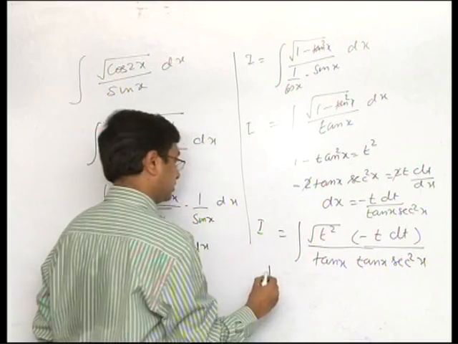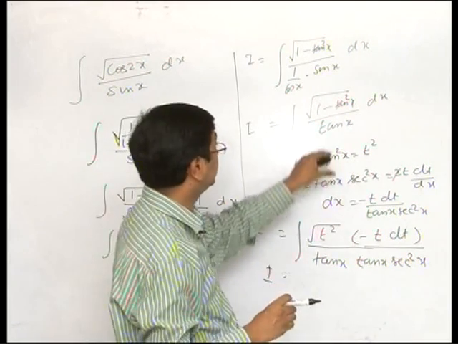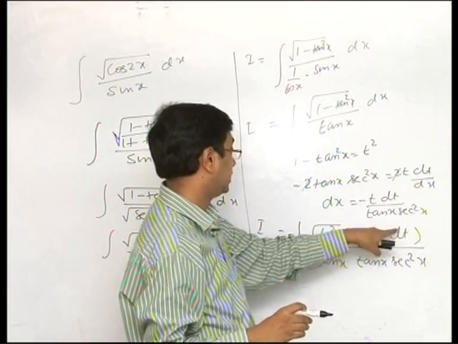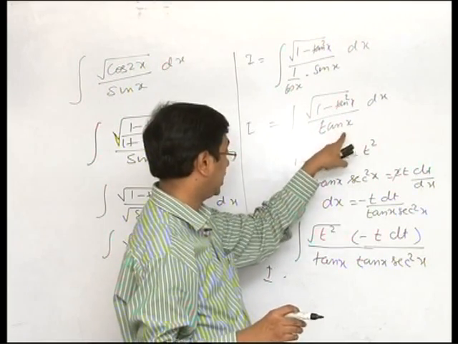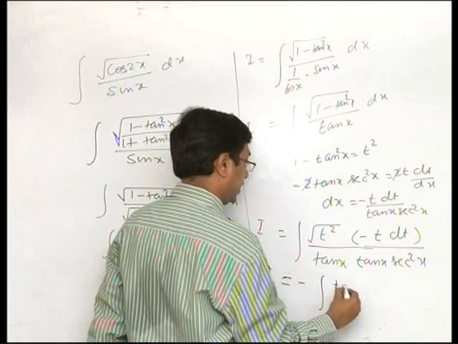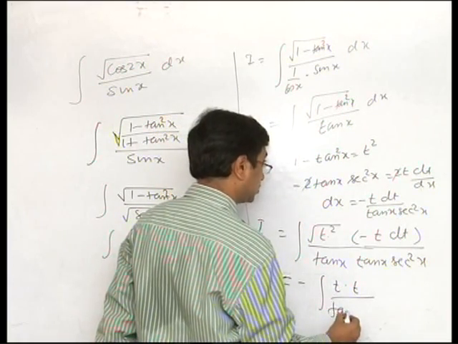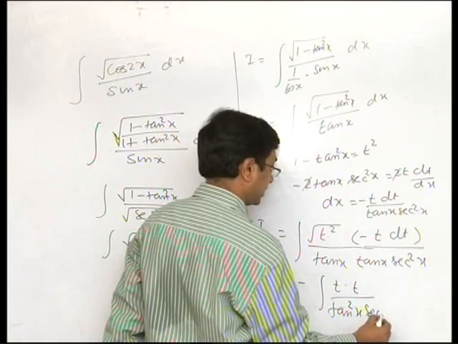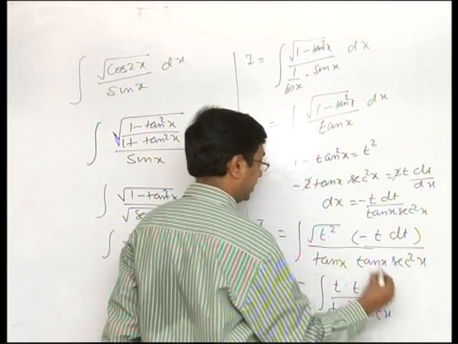So let us see now what this becomes. What we have substituted, dx we have substituted as minus t dt upon this root t square and tan x as it is. So this would become minus t into t upon tan square x sec square x dt.